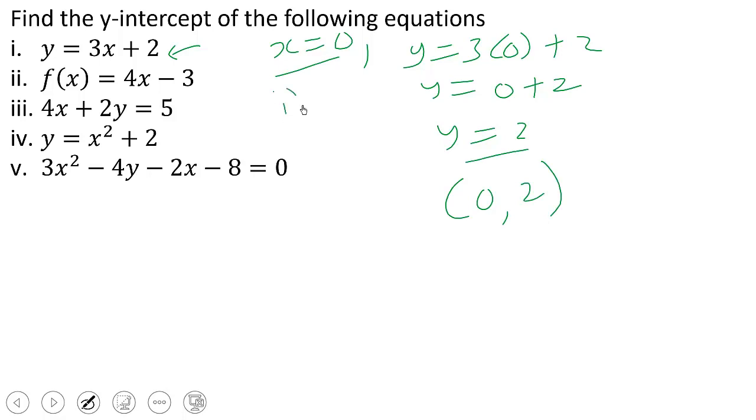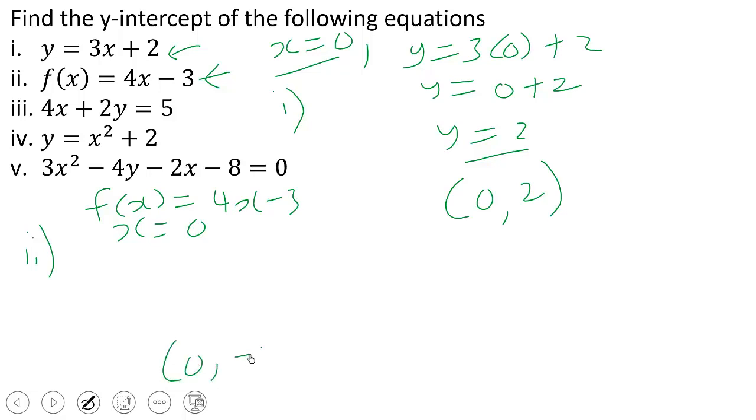Then for the second one, we plug in x equals 0 for f of x equals 4x minus 3. Right away, you could realize that the y-intercept is supposed to be (0, -3) because the c is negative 3.